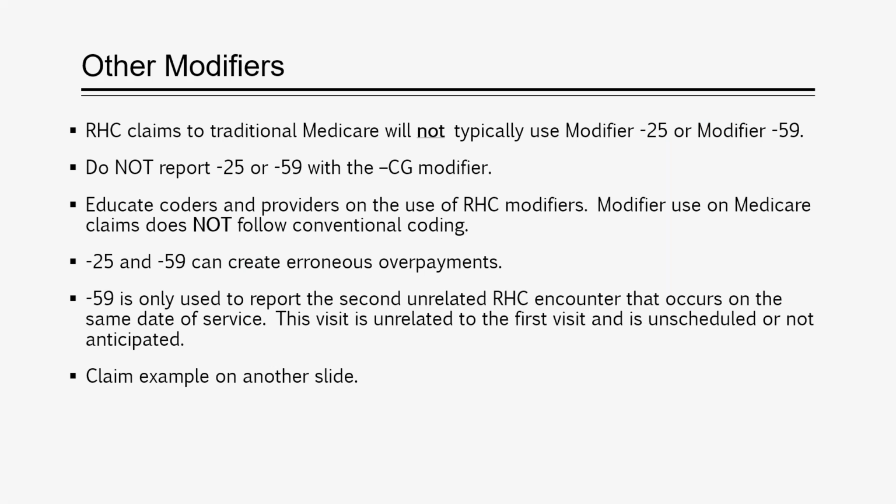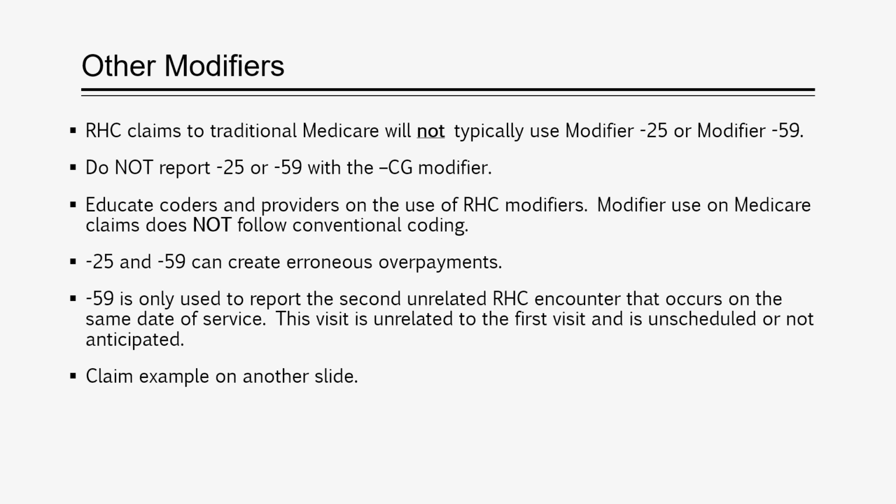All right, other modifiers. Some of this is in the FAQ document for the CG modifier that you'll see, but we're just going over some of it. RHC claims to traditional Medicare will not typically use 25 or 59. So you die-hard coders out there that would want to put a 25 on the E&M when you also had injection administration, we don't do that on RHC traditional Medicare claims.